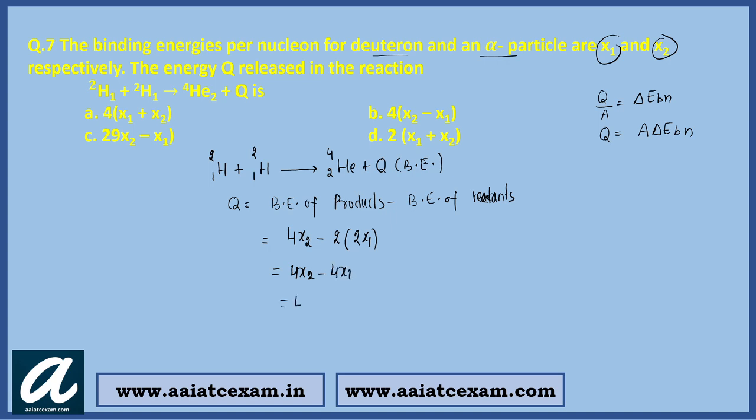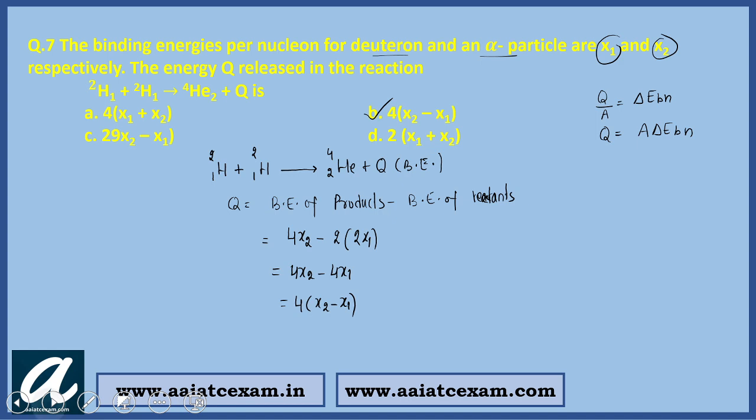If you take this 4 common, you get x2 minus x1. That's your answer. Students, your answer should be B. That is, the binding energy released in this reaction should be equal to 4 times the binding energy per nucleon of x2 minus binding energy per nucleon of alpha particle.